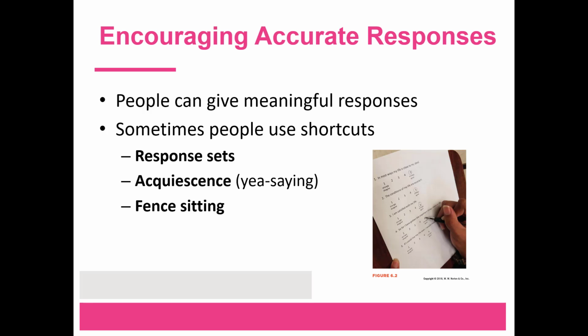Acquiescence, or yes-saying, is a type of response set in which people answer positively, yes, strongly agree, or agree, to a number of items instead of looking at each item individually. For example, a respondent might answer 5 to every item on a scale of subjective well-being, not because he is a happy person, but rather because he is using a yes-saying shortcut.